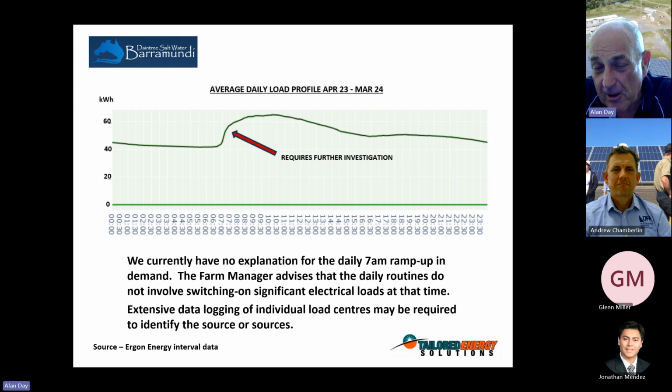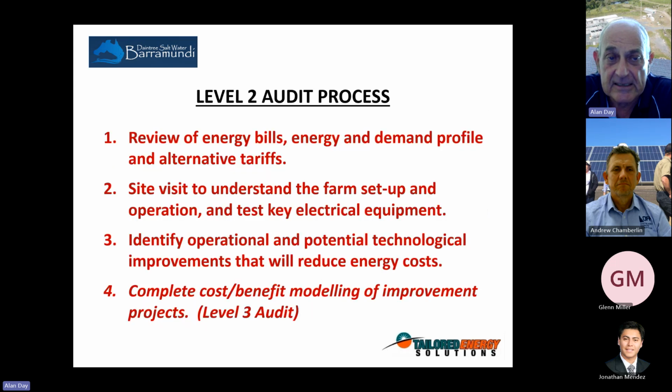So at this point in time, we've not been able to identify what that peak is, but it would clearly be a great target. If we understand what it is, we might be able to level that out and shave that peak off a bit and get them a result there. But it would require more work to find out what's happening in that space.